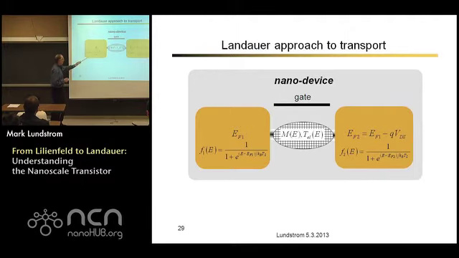So the picture is that we have a heavily doped source. It's near equilibrium, lots of scattering. We can hardly ever perturb it from equilibrium. So the electrons in that source are described by a Fermi function with a Fermi level or quasi-Fermi level that's well defined. We have another contact in the drain. It's in equilibrium too.